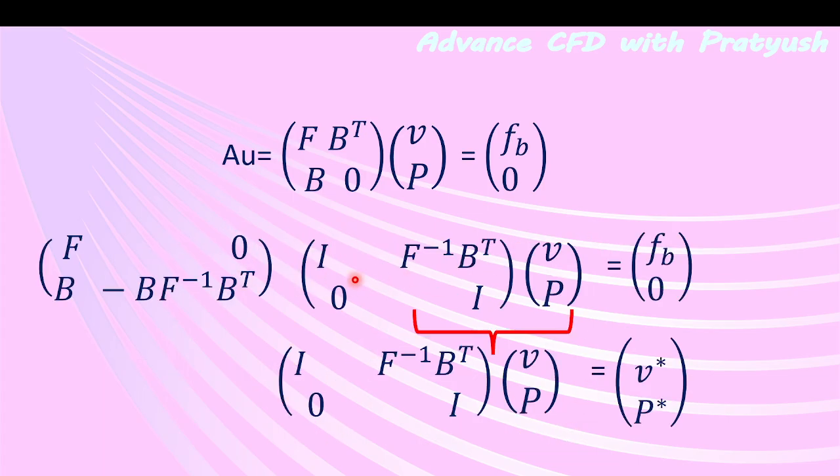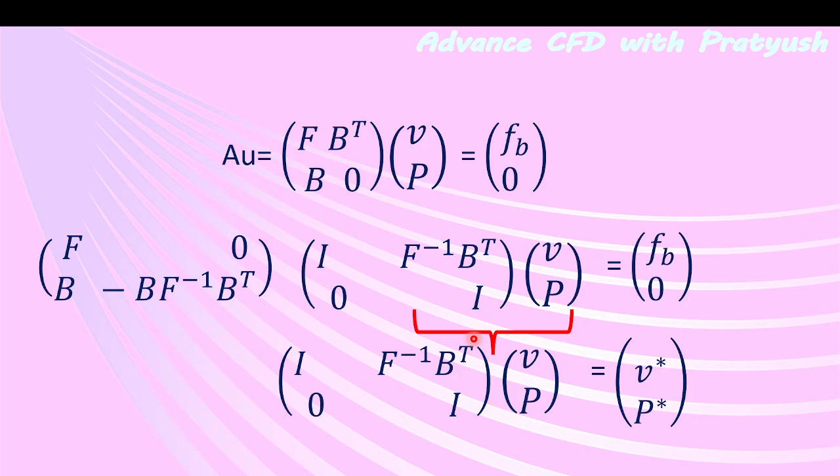Now, the lower triangular matrix and upper triangular matrix together become completely A. The V and P are the unknowns, and this is the body forces.